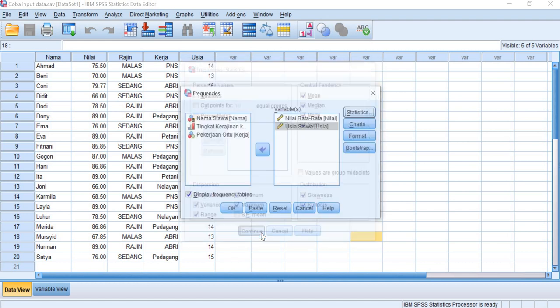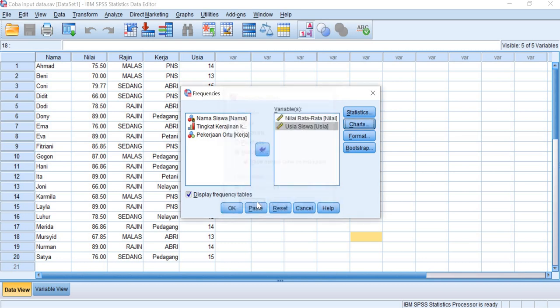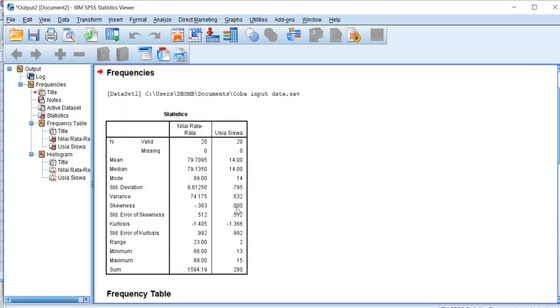We click Continue. And for the charts, we can choose here. You have the bar charts and pie charts, but I will choose the histogram with the normal curve shown on the histogram. Click OK. Yeah, so we already have the result.